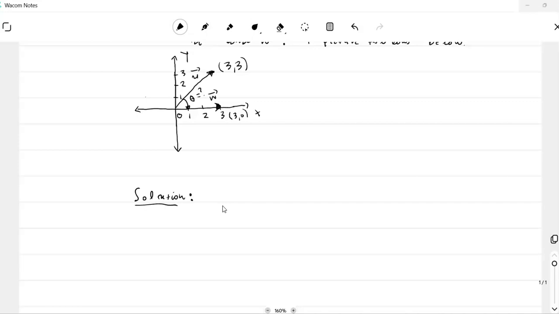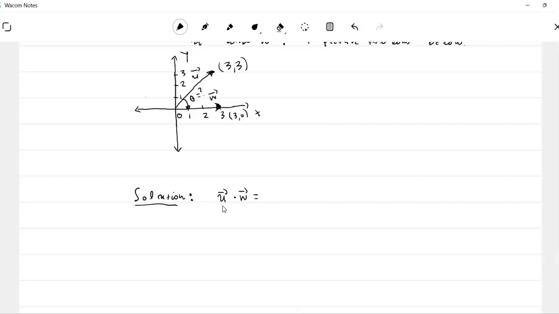First of all, we need a formula that involves the angle theta somehow. So we know that the dot product between the two vectors is given by this formula.